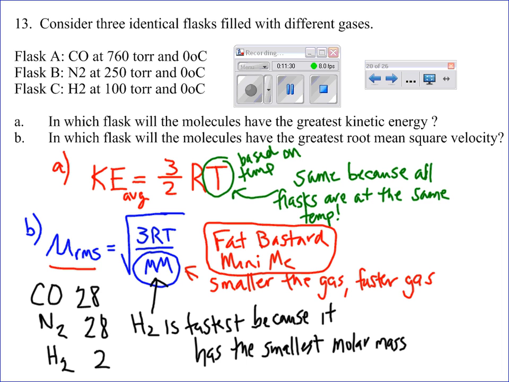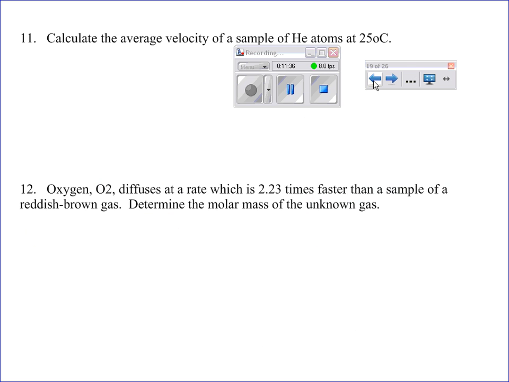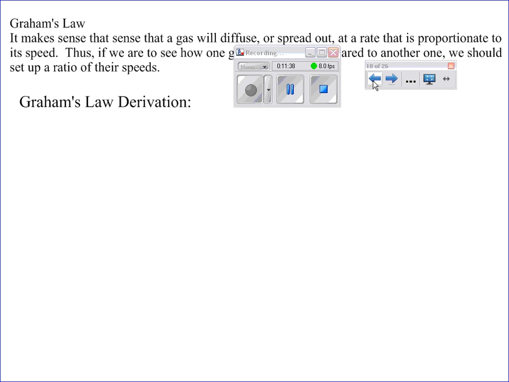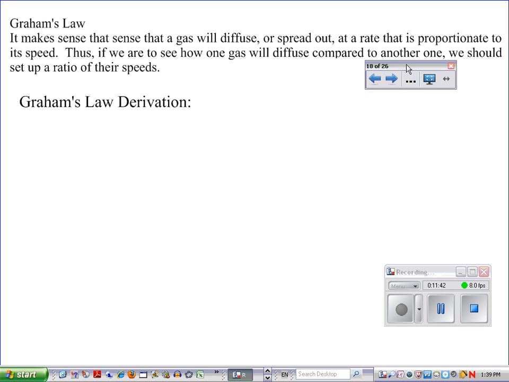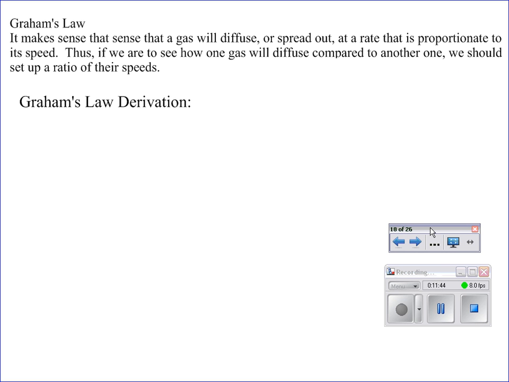Okay, so what we can now utilize root mean squared velocity for is the creation of something called Graham's law. You did do Graham's law in pre-AP. There's not a special place in your notes for this. It's already done for you, so if you just want to watch while I'm doing it, you can always print this derivation out from the notes once I get these up online.